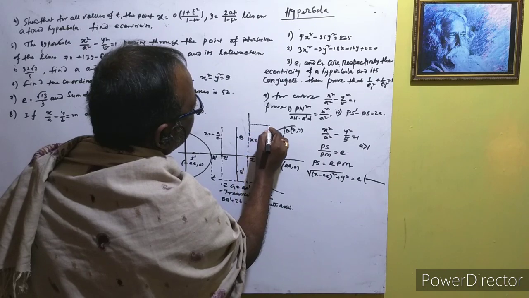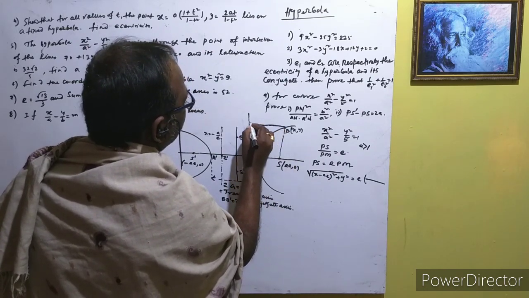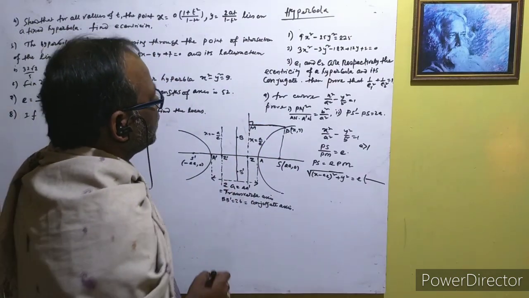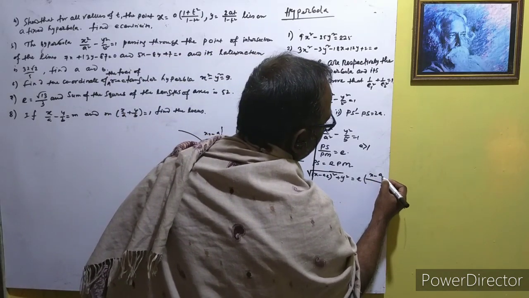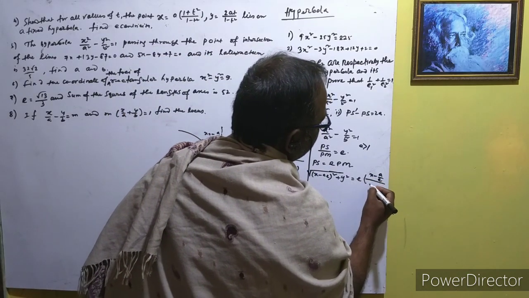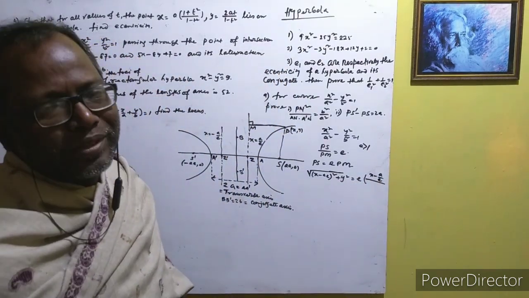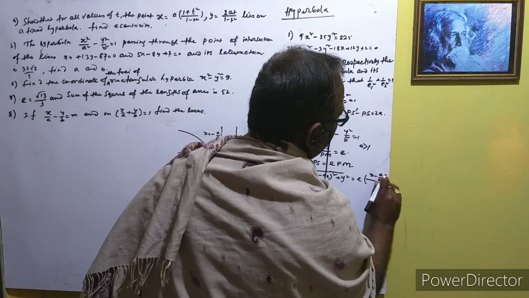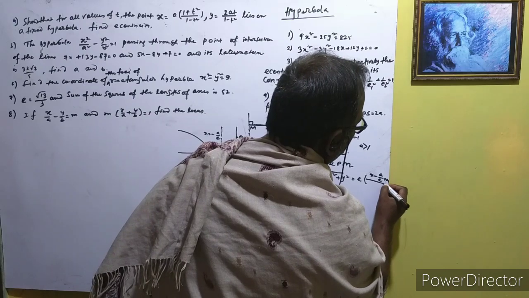PM is the perpendicular distance from P to M, and this angle is 90 degrees. The equation of the directrix here is x minus A by E. You know the perpendicular distance from P to the line is this. The variable y is absent here, so we can assume it as 0 dot y, like that.